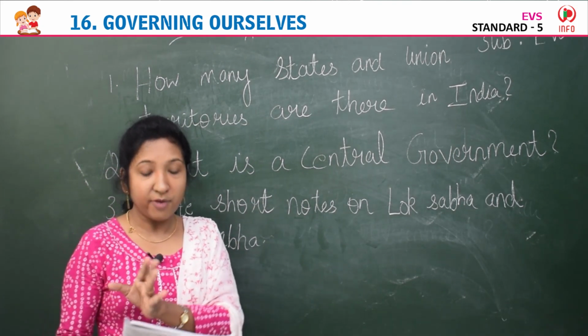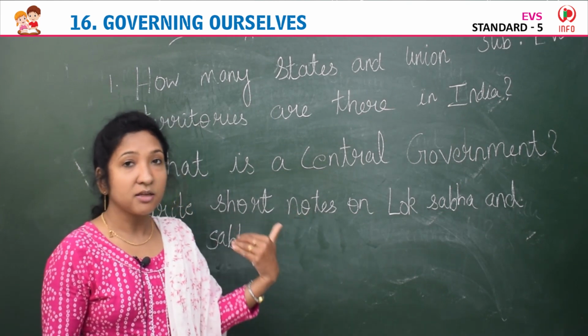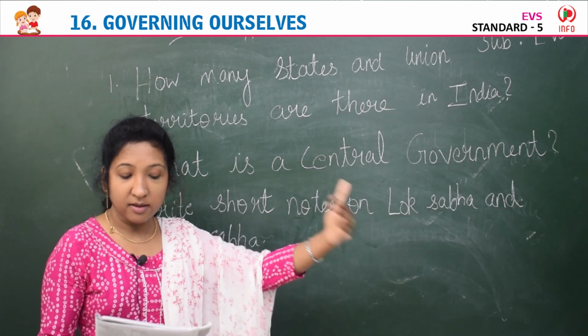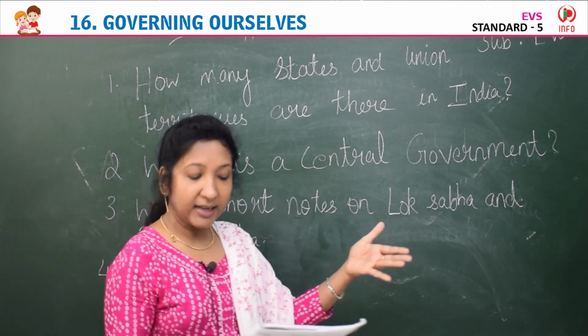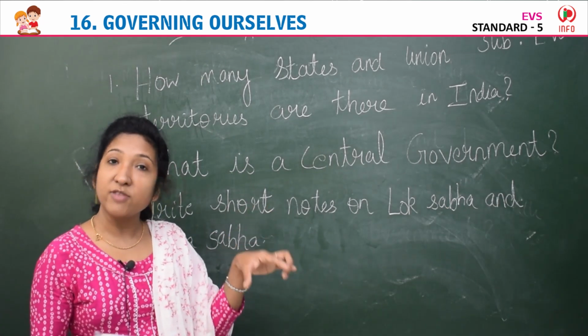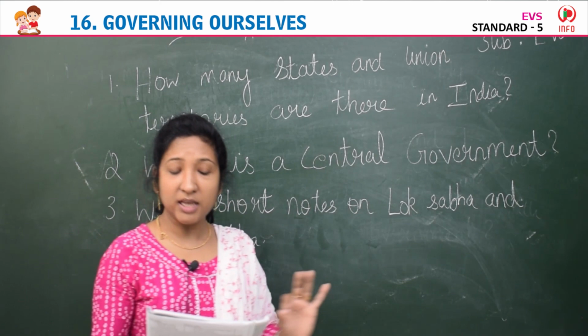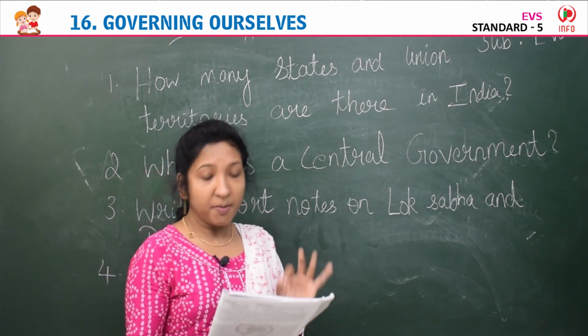How many are there? 552. Then how they are elected. They are elected directly and are over the age of 25 years. And the term of the speaker of Lok Sabha is 5 years. And the entire house can be dissolved by the president.